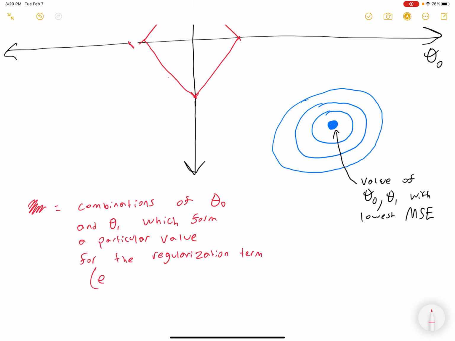So for example, the absolute value of theta 0 plus the absolute value of theta 1 equals 1.